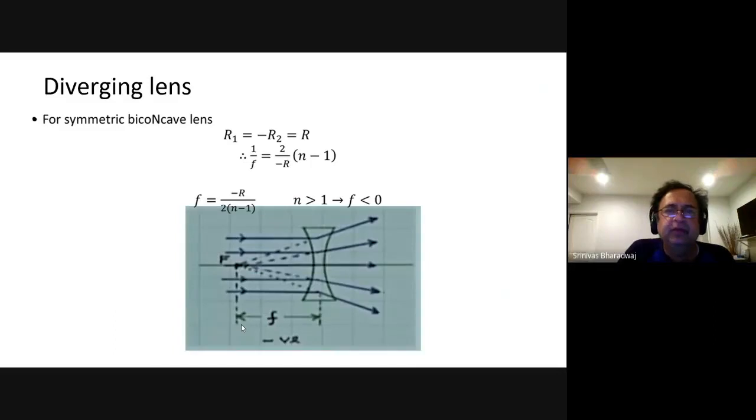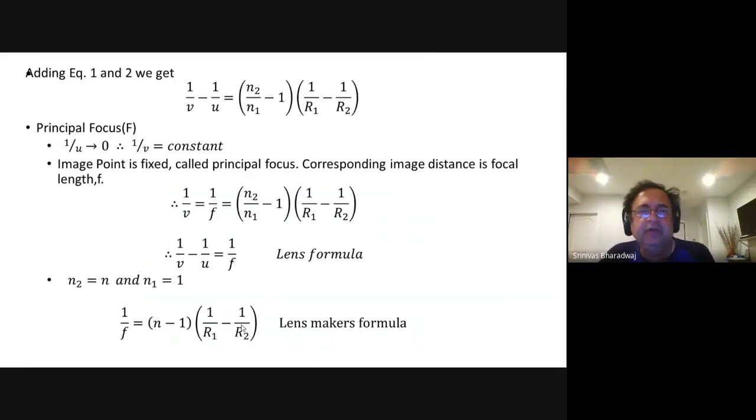For a symmetric biconcave lens, it is minus R by 2 times (n minus 1). So that is the focal length, and 1 by v minus 1 by u equals 1 by f is called the lens maker's formula.